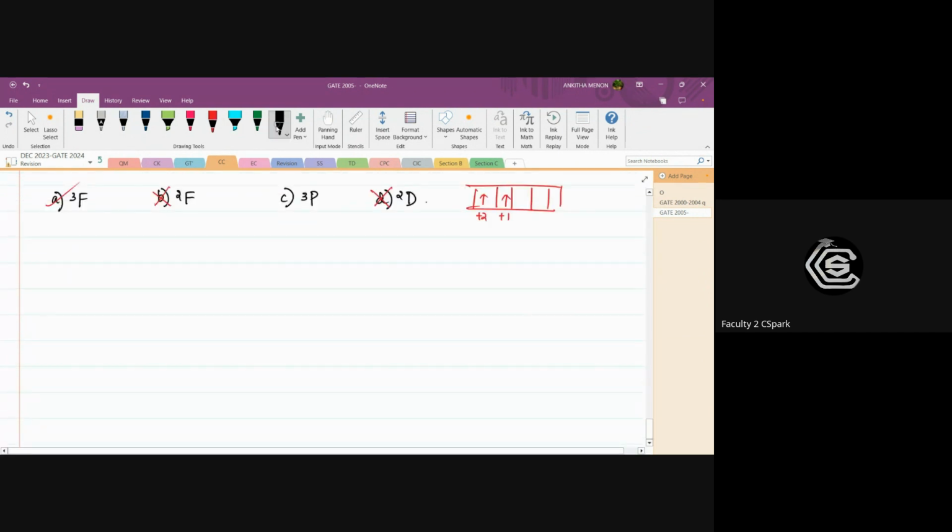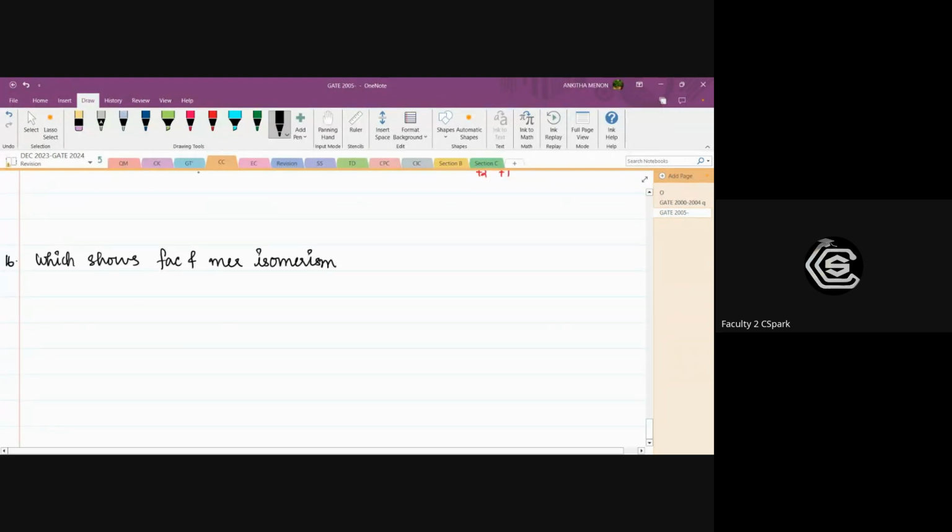Next, which shows facial as well as meridional isomerism? Which of the following shows facial as well as meridional?